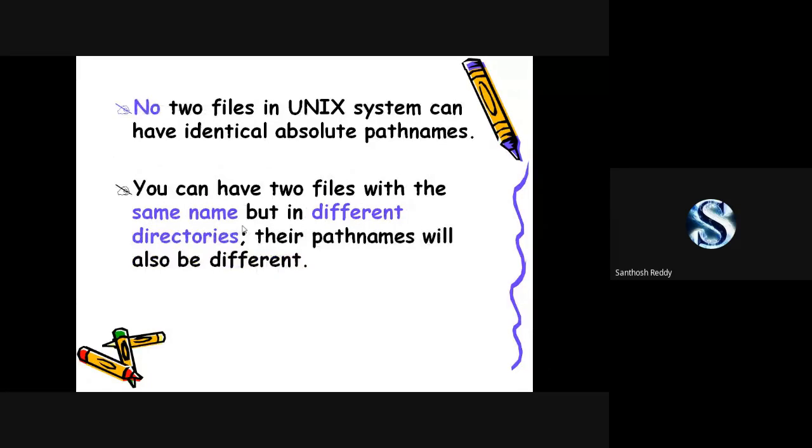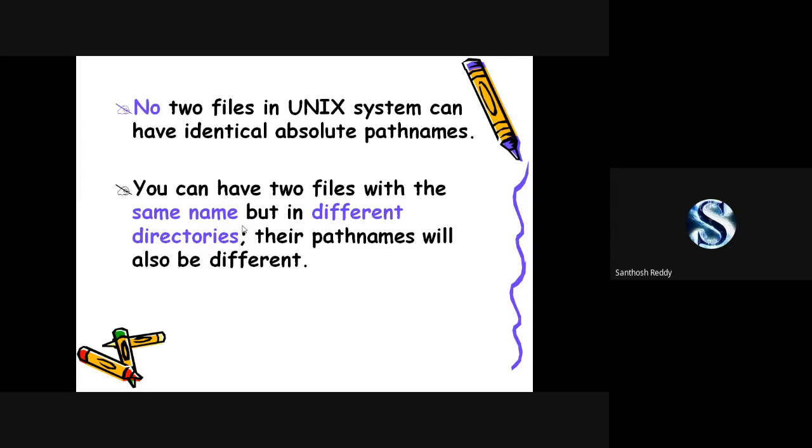The second thing is no two files in a Unix system can have identical absolute path names. What do you mean by that? By seeing the first statement, what can you say? There cannot be two files with the same name, basically.